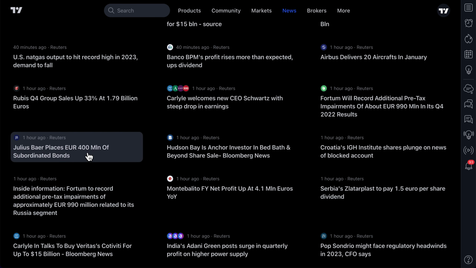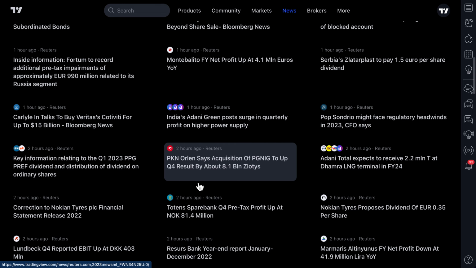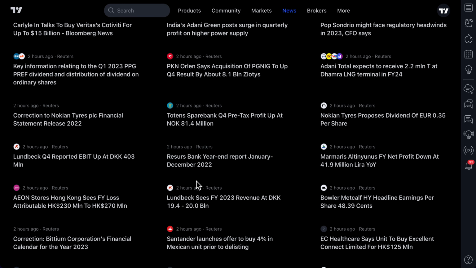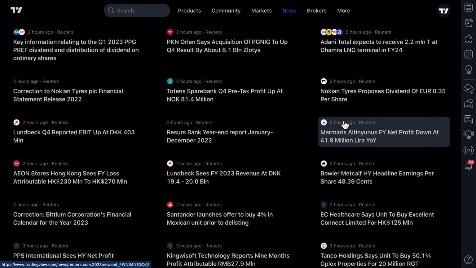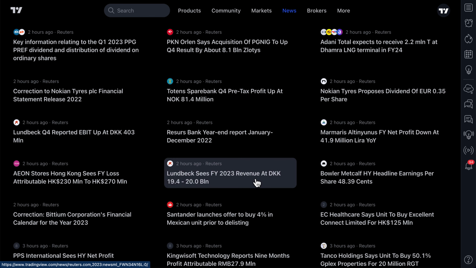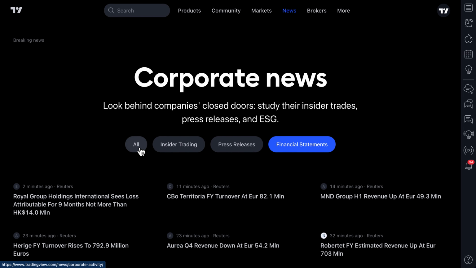You can see here, 400 million funds. If you continue to scroll down, there will be examples of dividends. You'll also see examples of earnings and revenue, and this is sort of how the financial statements tab can be used.